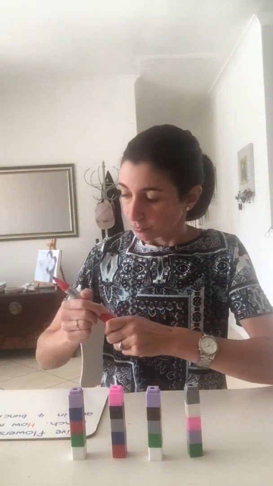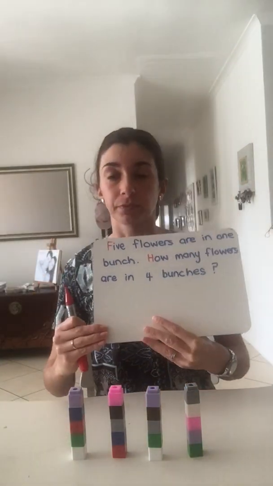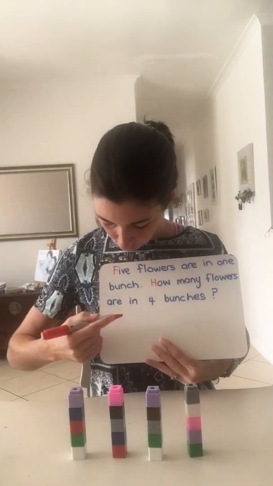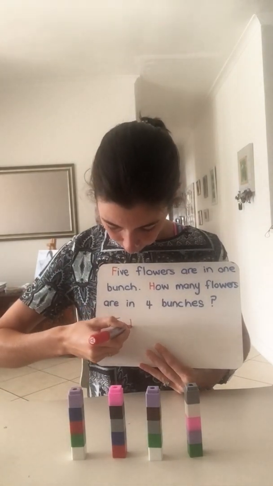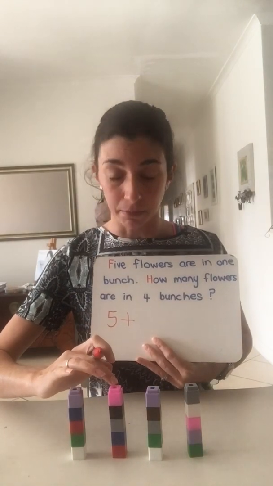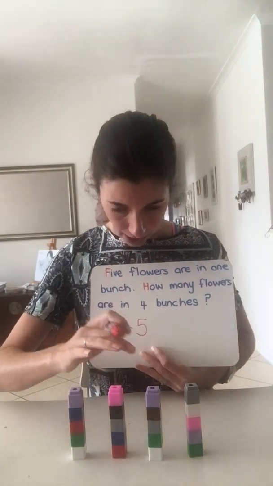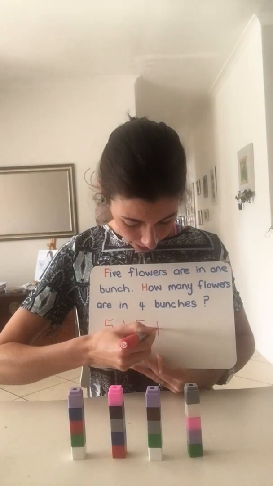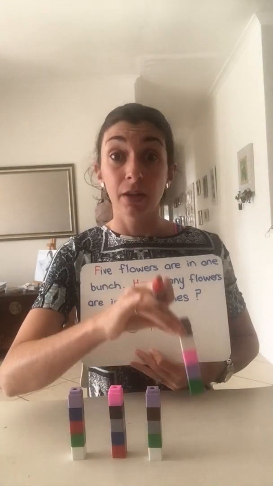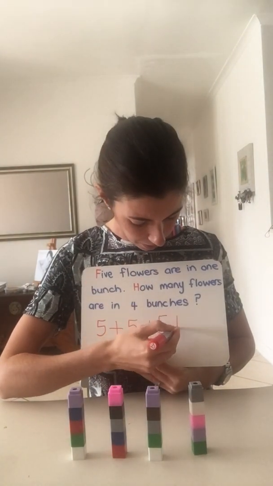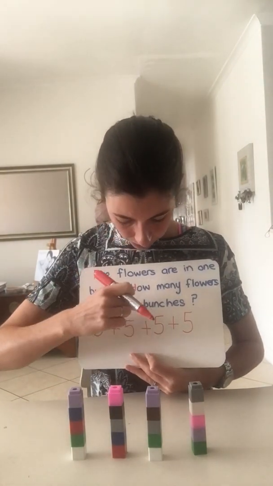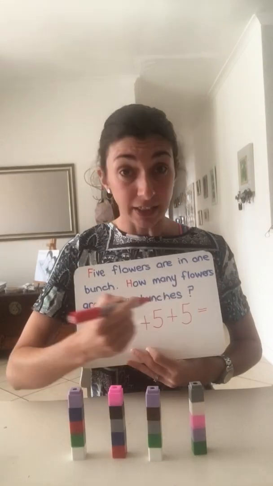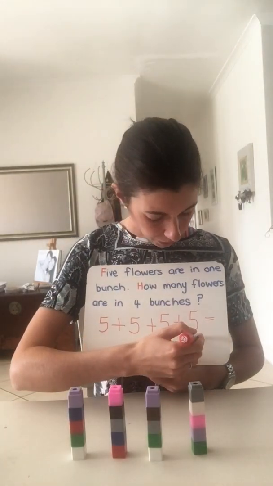And what I can do is 5, so I've got 5 in that bunch, and I'm plussing another 5, plus another 5, plus my last 5. So 5, 10, 15, that gives me 20. I'm going to write it here.